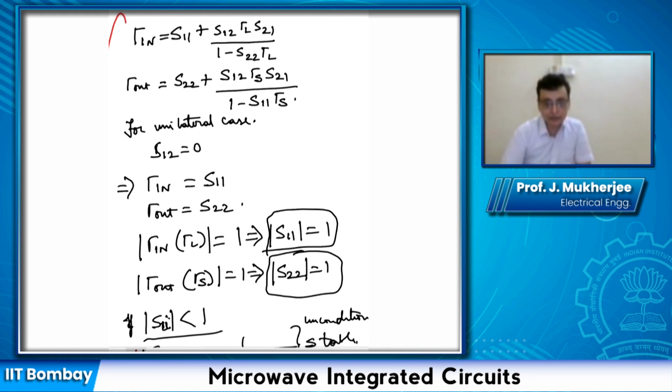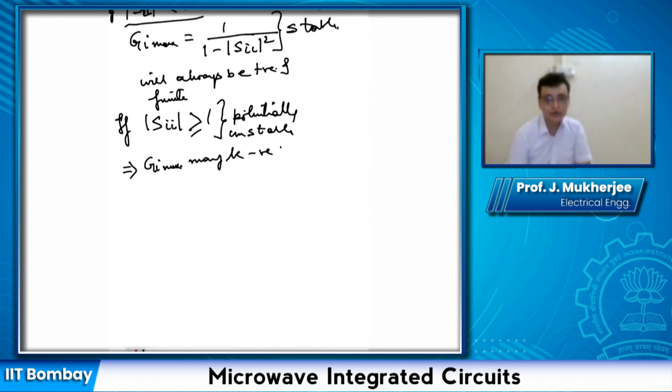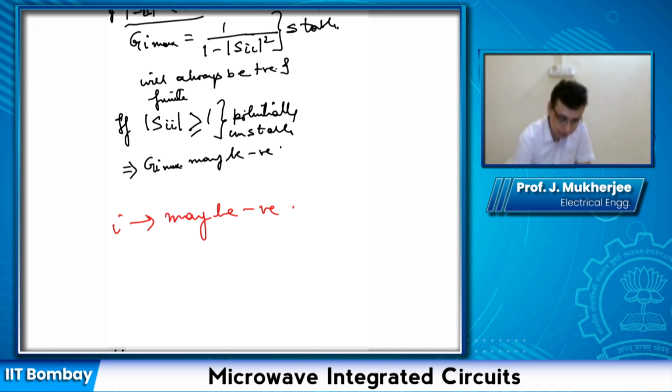Now when it is potentially unstable, how do we proceed? For the potentially unstable case, first of all, we saw that this GI may be negative. Okay, and so GTU, which is equal to GS G0 GL, also may be negative.